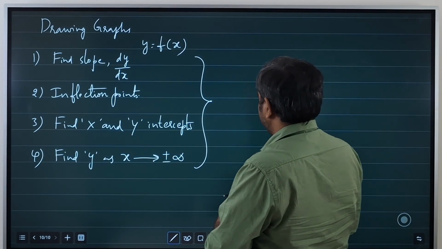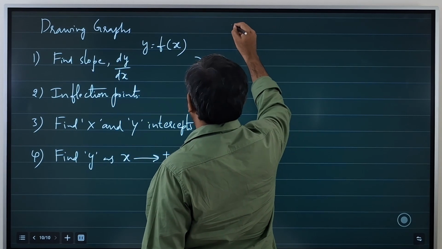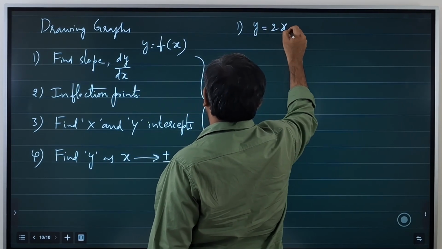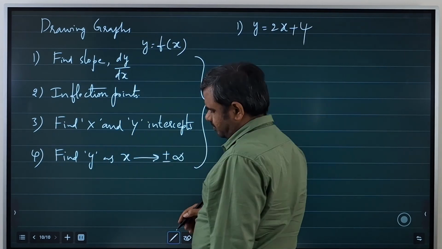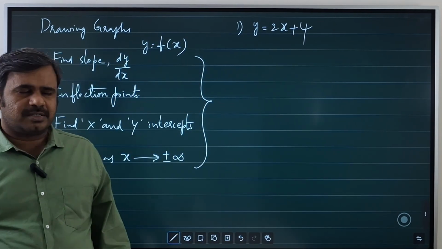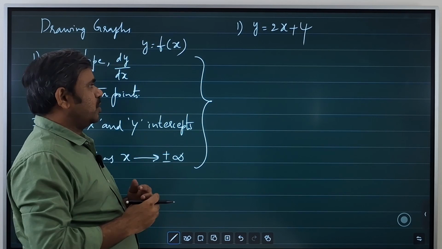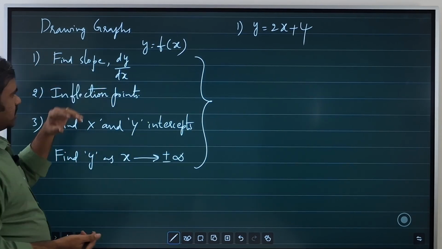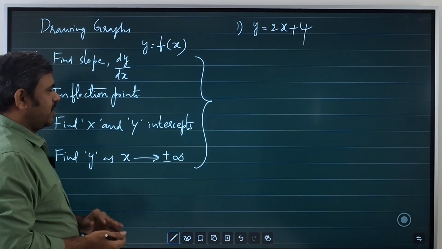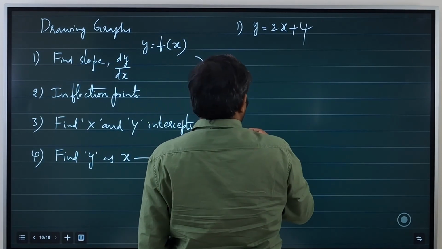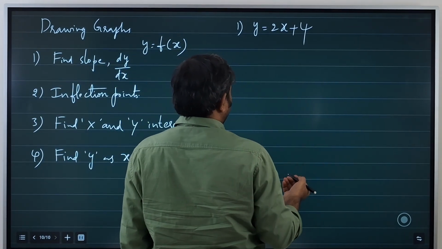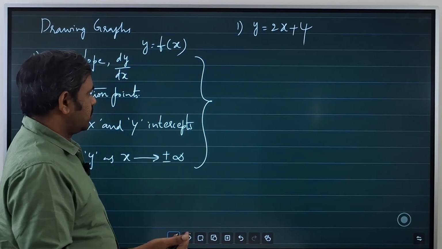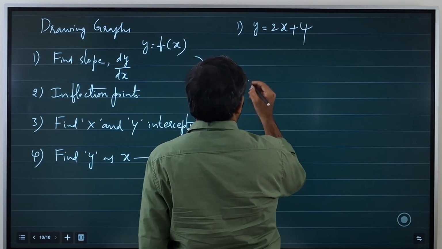Let's see some examples. I'll give you one simple example here. Let us draw graphs of some functions. Look at this first example, y is equal to 2x plus 4. How do we draw the graph? First, find out the slope. If you find the slope, you will primarily know whether the graph is drawn with a constant slope, increasing slope, decreasing slope, positive slope, negative slope.